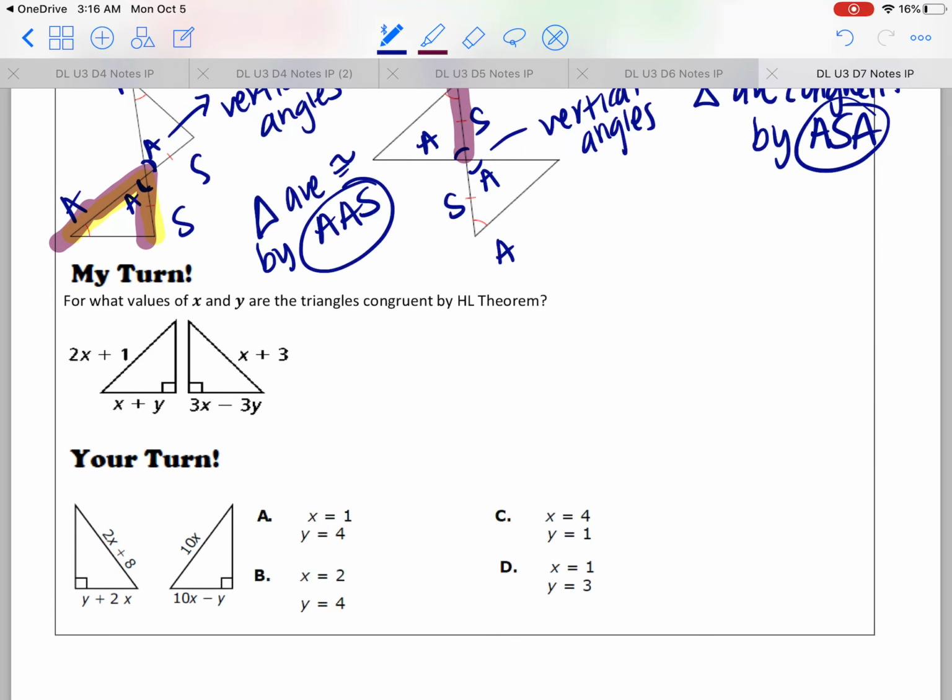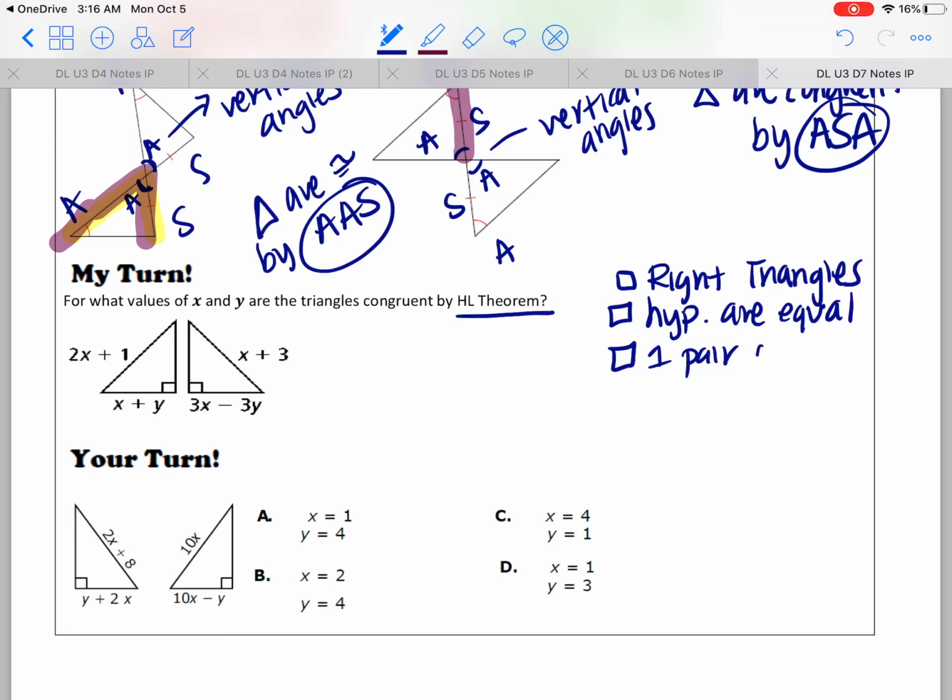It says, for what values of x and y are the triangles congruent by the HL theorem? The HL theorem states three conditions, right? These must be right triangles. Second condition, hypotenuses are equal.